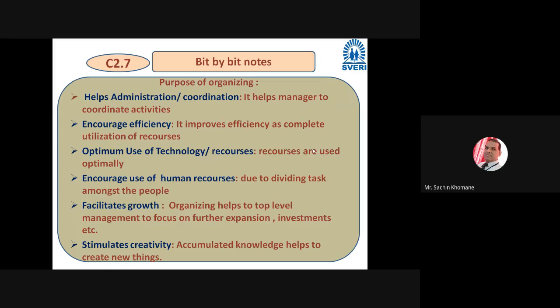So the administrative department will take action, like so and so group of members are not doing proper work. So it helps to take action from the administrative side, and obviously it helps to coordinate all activities. कुणाला किती टास्क दिले, कुणाला काय रिसोर्सेस दिलेत. So for coordination purposes, this organizing is important.